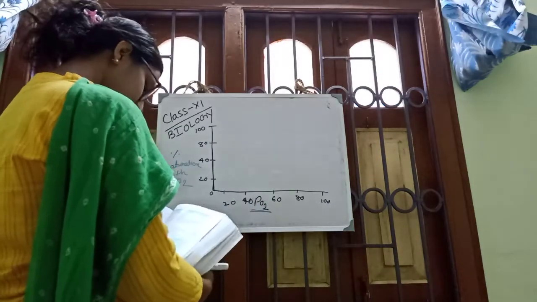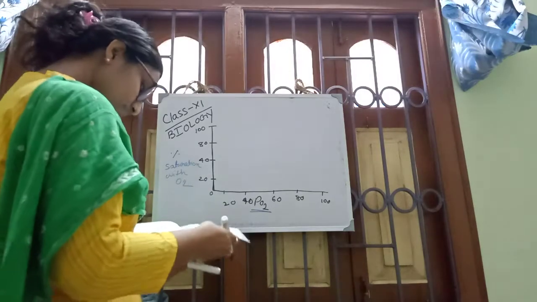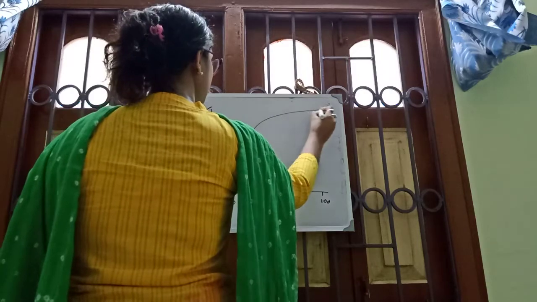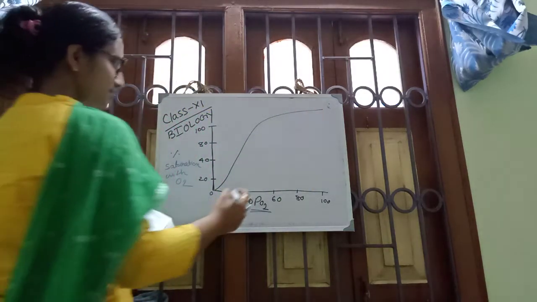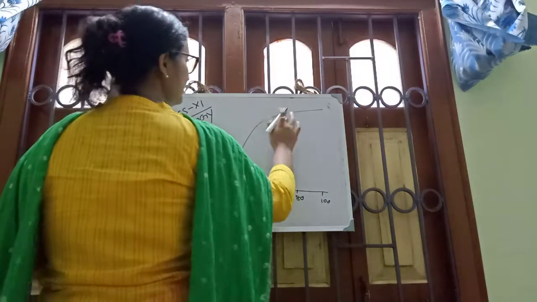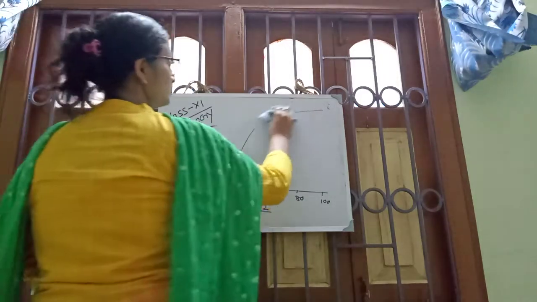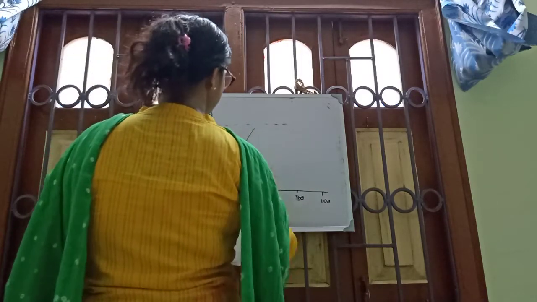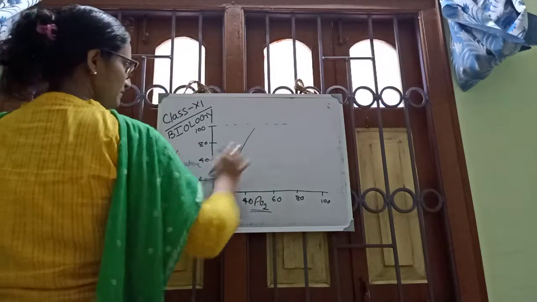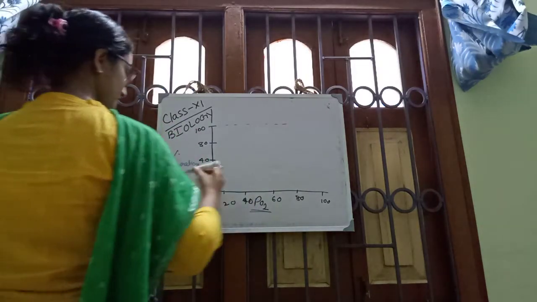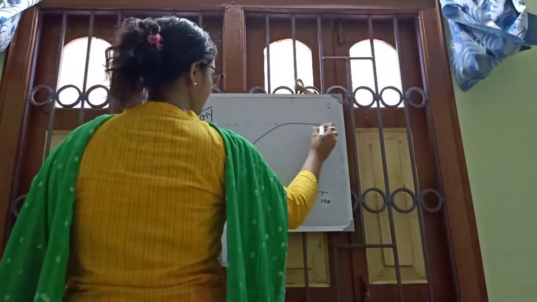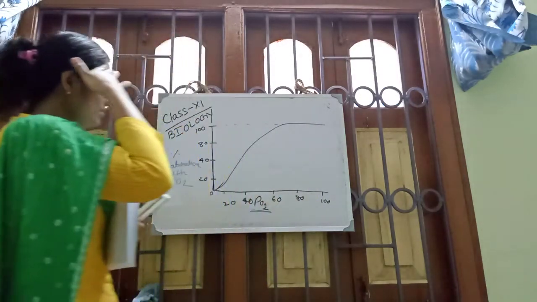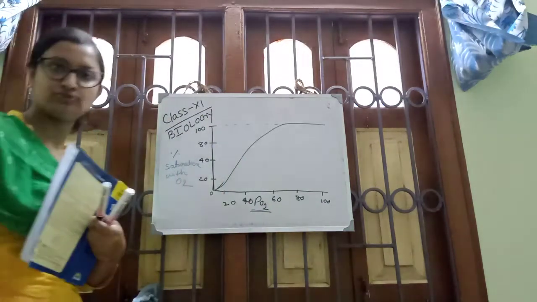If you plot the graph, you can easily understand. It is always sigmoid, not more than 100%. Sigmoid means as the partial pressure increases, the saturation increases up to 100%.